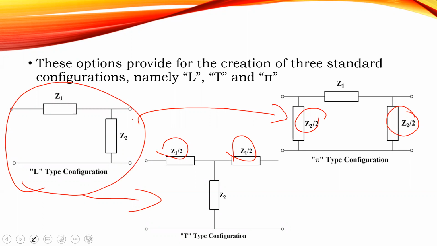let's go back to what we know of inductors and capacitors in series and in parallel. Capacitors in series are calculated in the same manner as we do with resistors in parallel. Inductors in series, we calculate them in the same way as resistors in series.